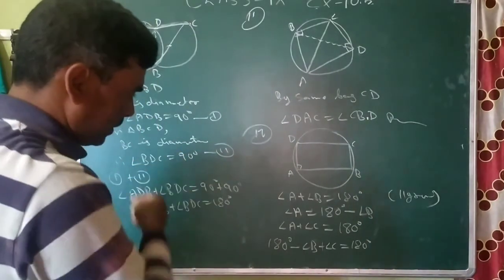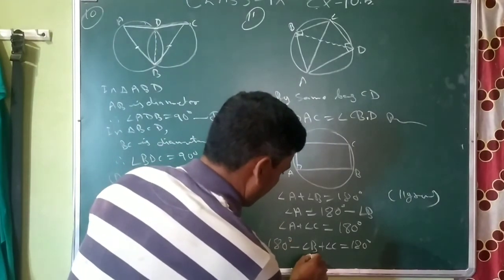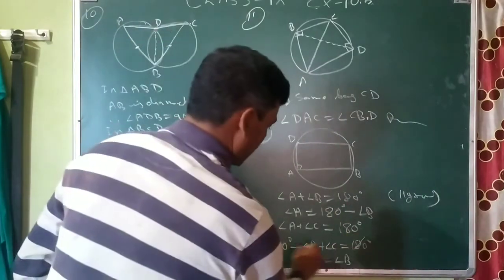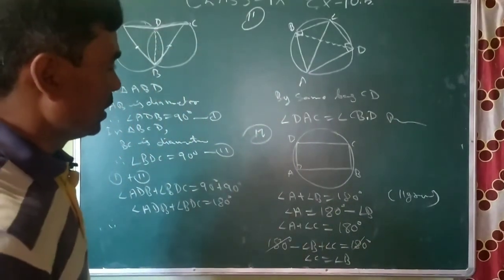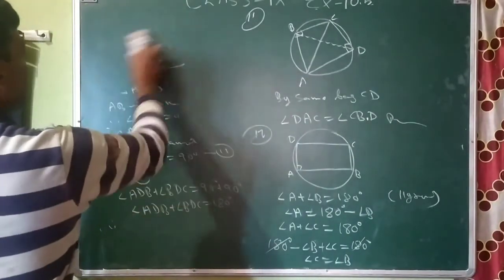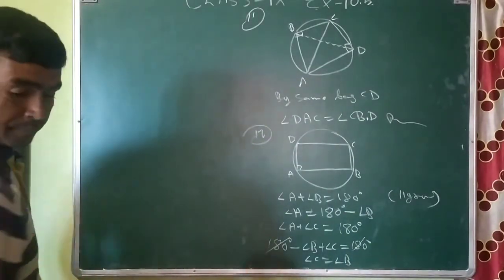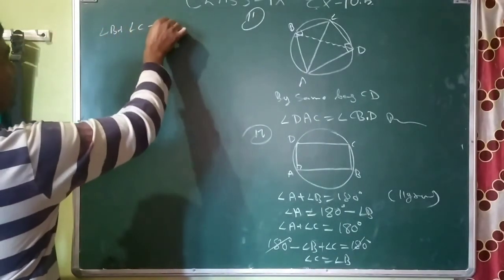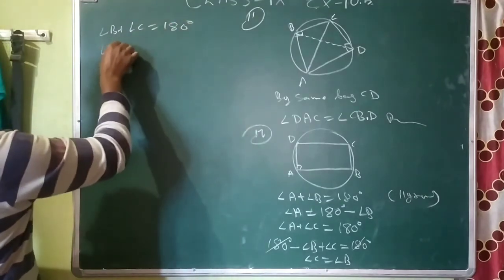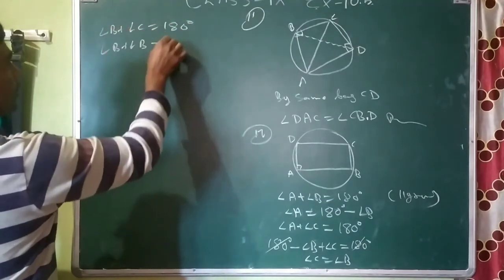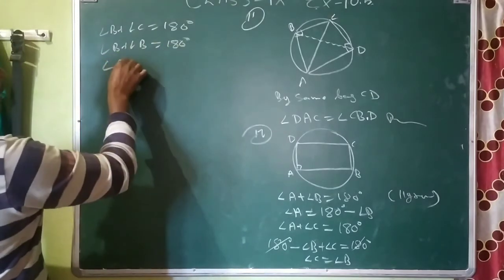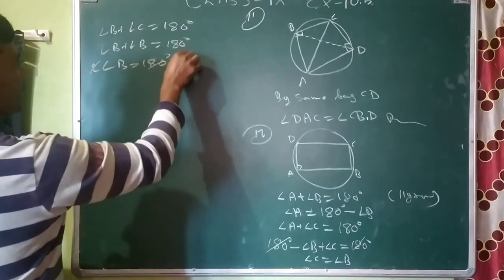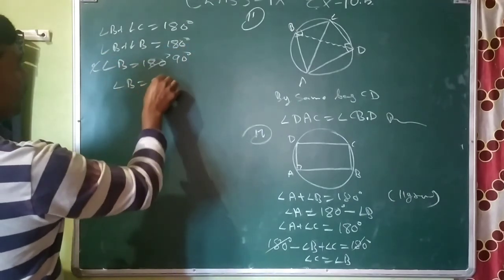So angle B is equal to angle C. Angle B is equal to angle C, we have already proved here. And then angle B plus angle C is equal to 180 degrees. So angle B plus angle B, both equal, is 180 degrees. So 2 angle B is equal to 180 degrees, so angle B is equal to 90 degrees.